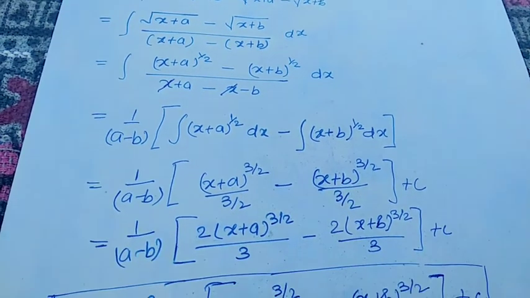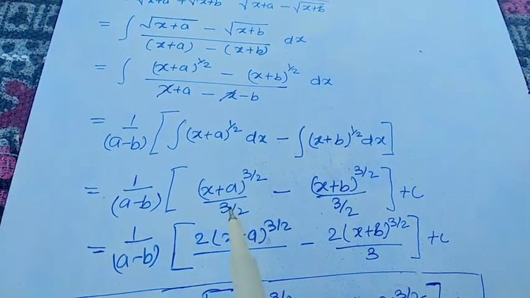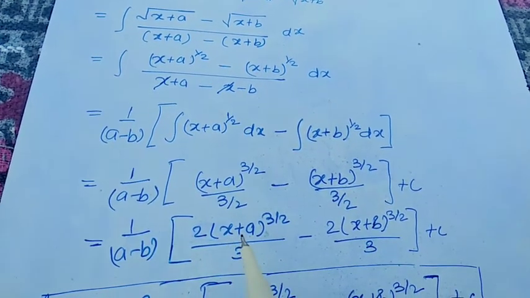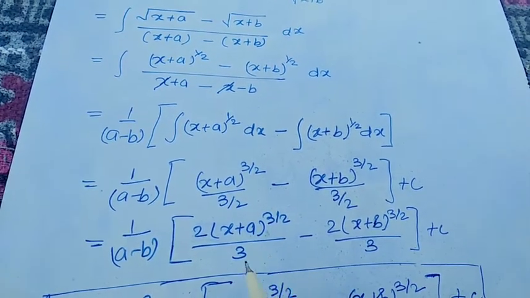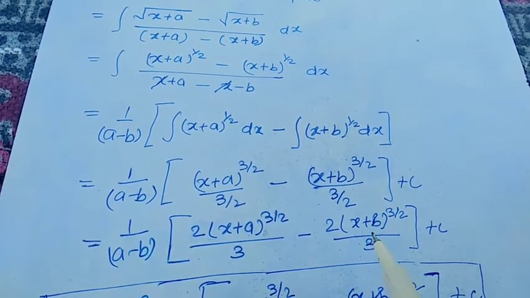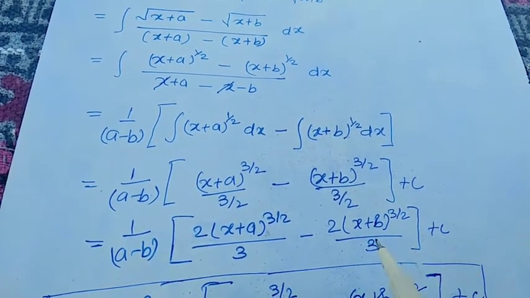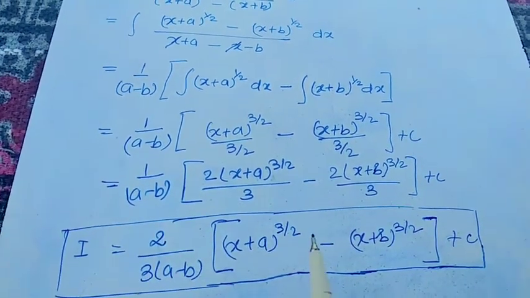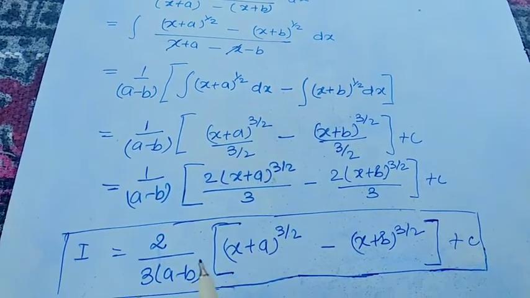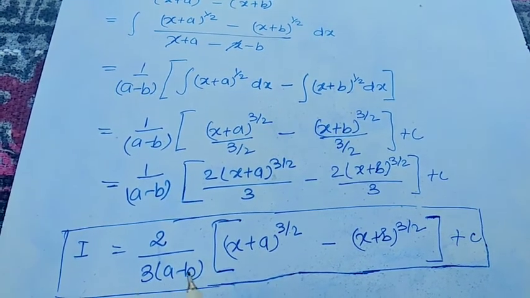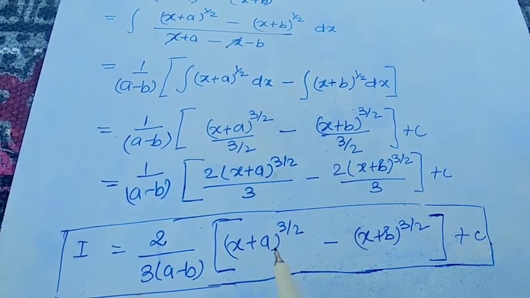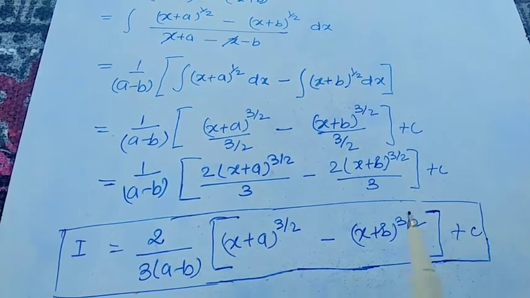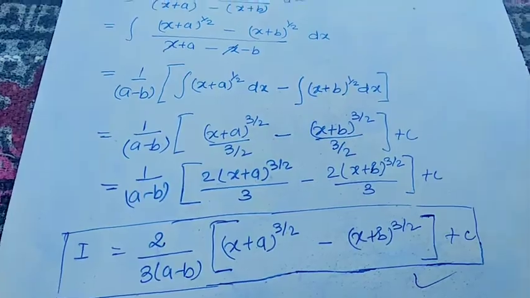So we can write it as, this 2 will be multiplied with this, so it will be 2 into (x plus a) whole raised to the power 3 upon 2 upon 3 minus 2 into (x plus b) whole raised to the power 3 upon 2 upon 3 plus c. So finally we can write the answer, I is equal to 2 upon 3 into (a minus b) into (x plus a) whole raised to the power 3 upon 2 minus (x plus b) whole raised to the power 3 upon 2 plus c. So this will be the answer.